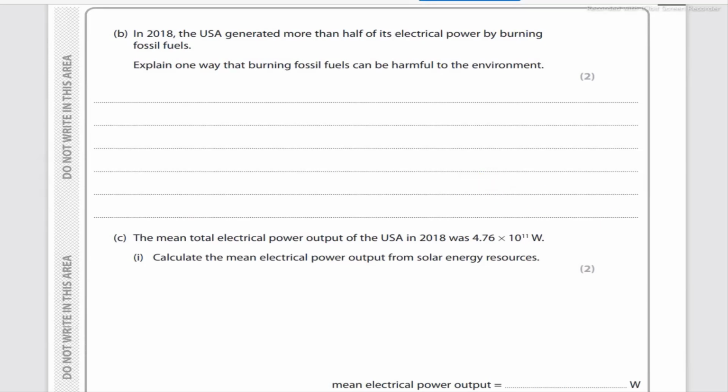Question B. In 2018, the USA generated more than half of its electrical power by burning fossil fuel. Explain one way that burning fossil fuel can be harmful to the environment.